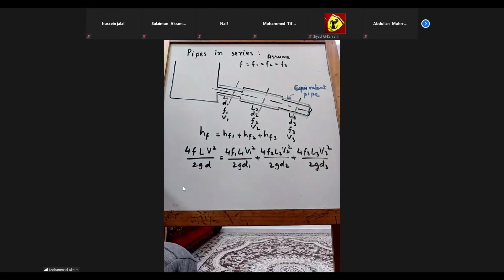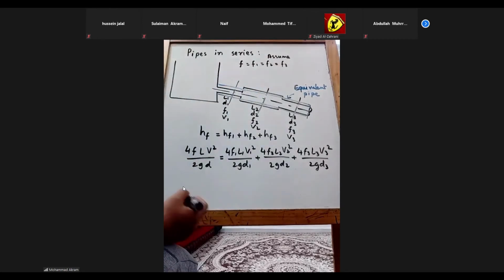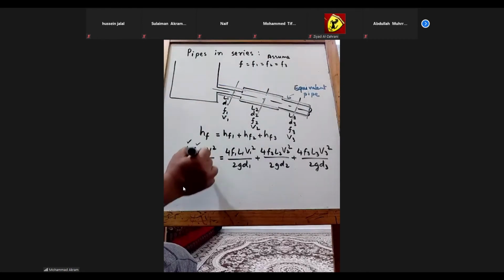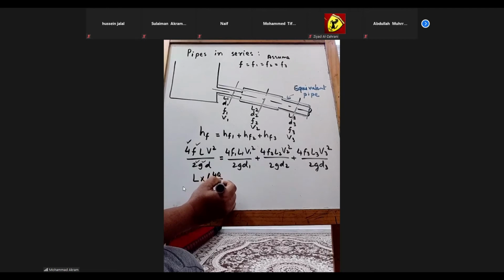Am I right? Yes, doctor. Now I can cancel 4 from every place. F is equal to F1 equals F2 equals F3, so 4F by 2G will be cancelled, right? So this will become L into what is V? 4Q divided by pi d square, right?